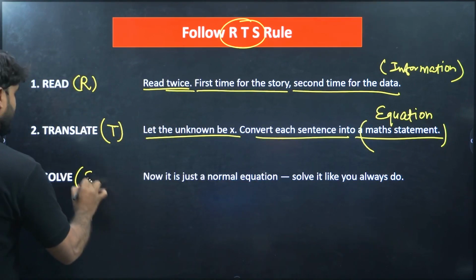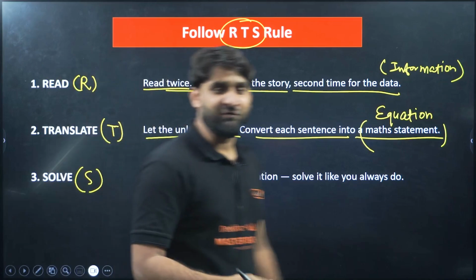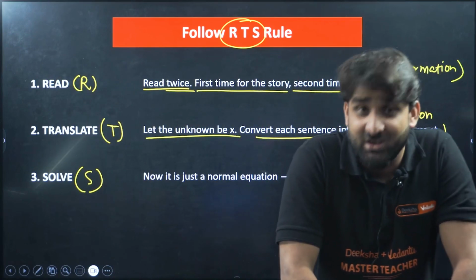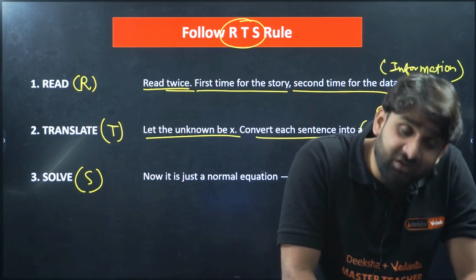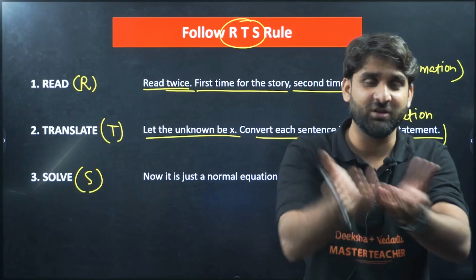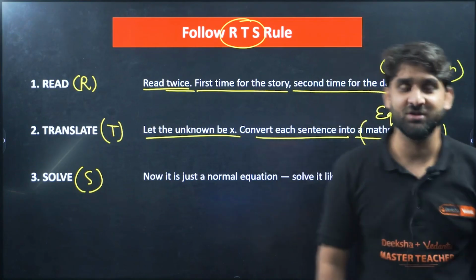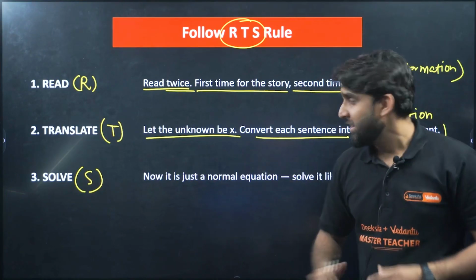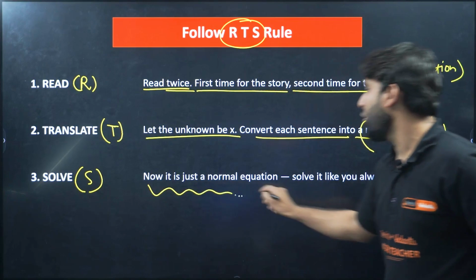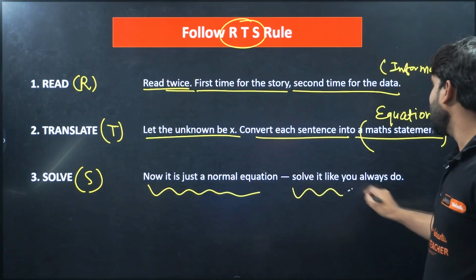Third is Solve. After forming the equation successfully, the last task is solving the equation by doing the mathematical calculation, addition, subtraction. Now it is just a normal equation. Solve it like you always do.